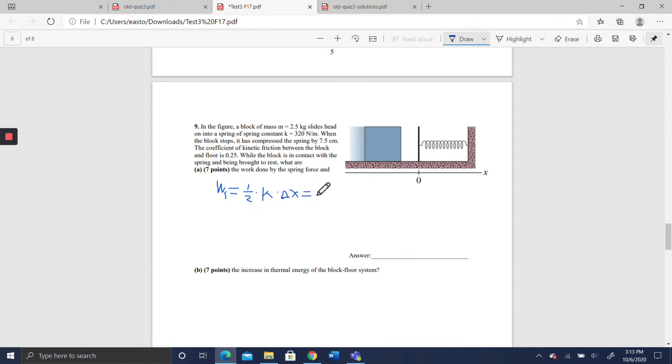We know that 320 divided by 2 is 160, newtons per meter, times 0.75 squared. Since the distance is in centimeters and K is in meters, we want to convert to meters as well. So this will actually be 0.075 squared.